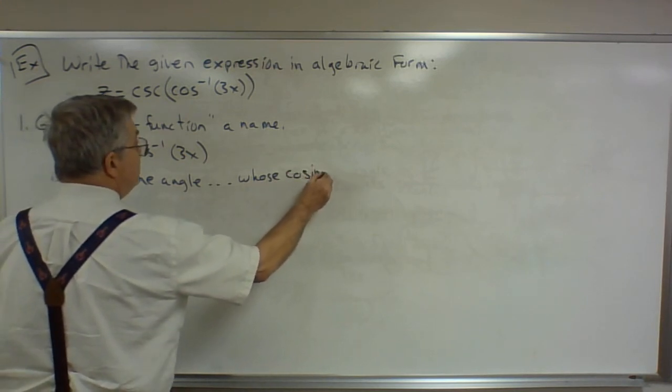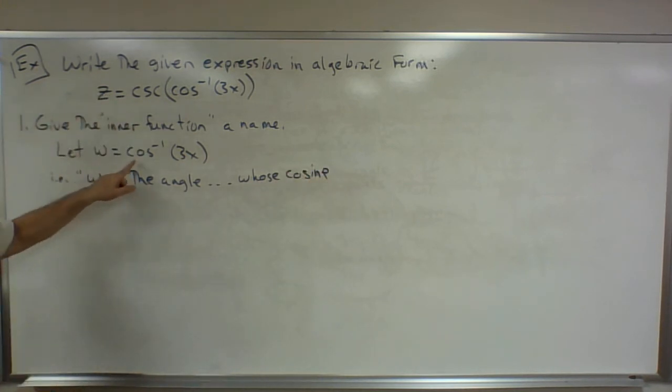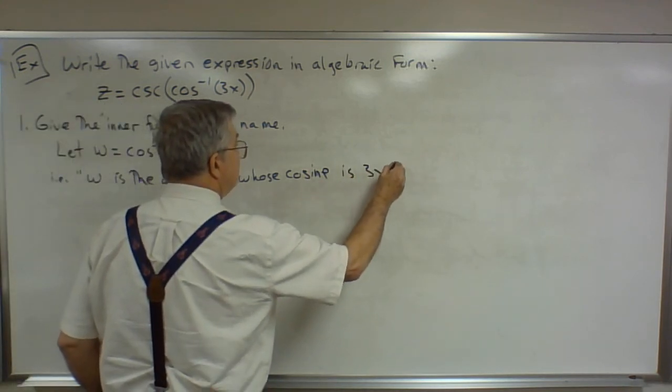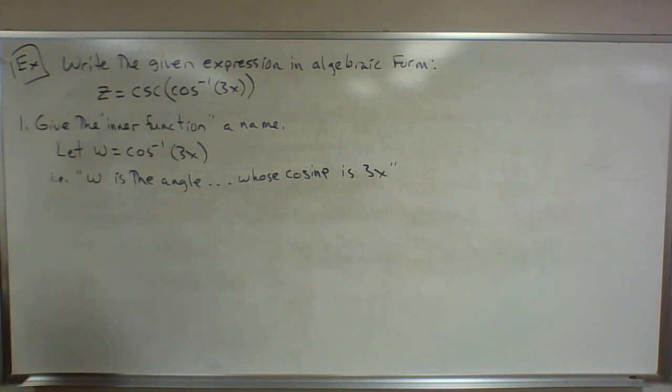W is the angle whose cosine is 3x. Okay, we're off to a good start.